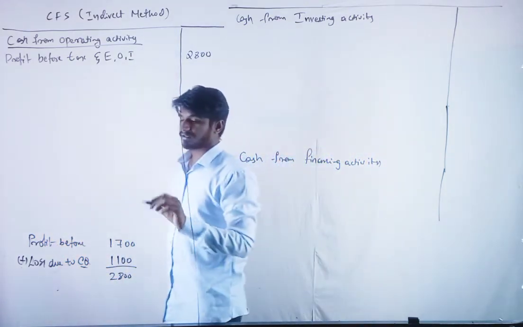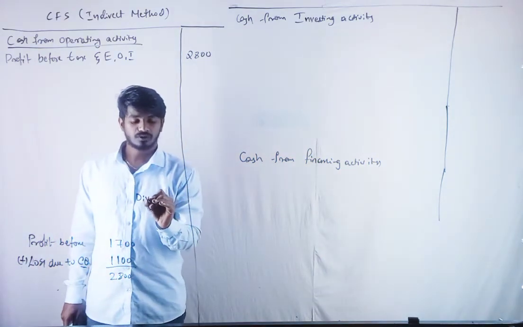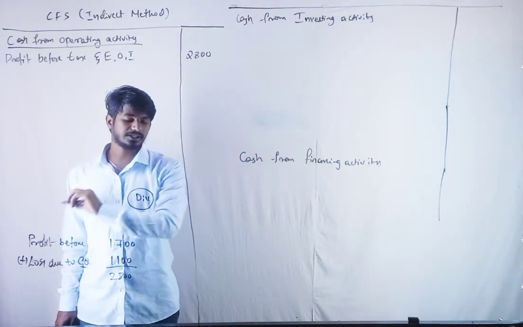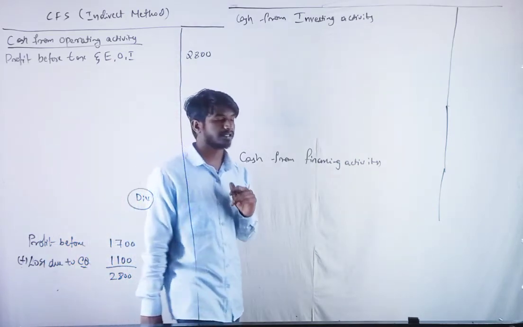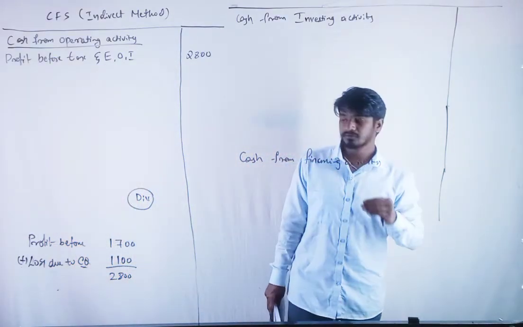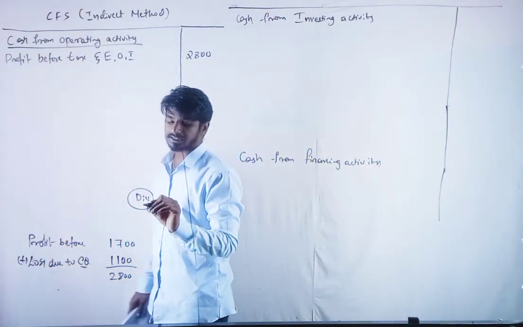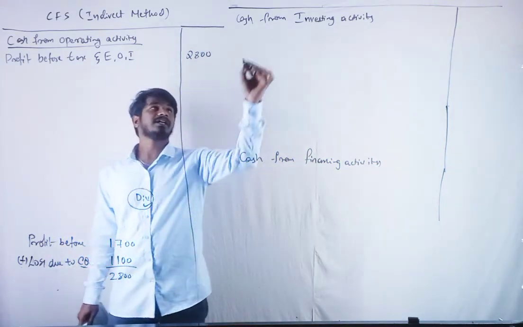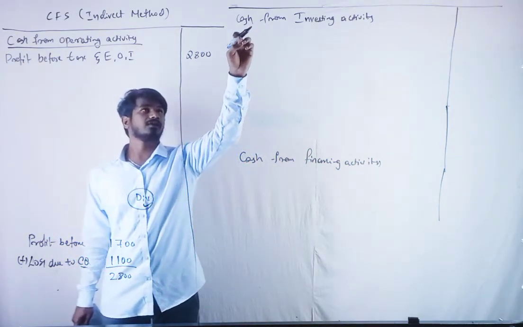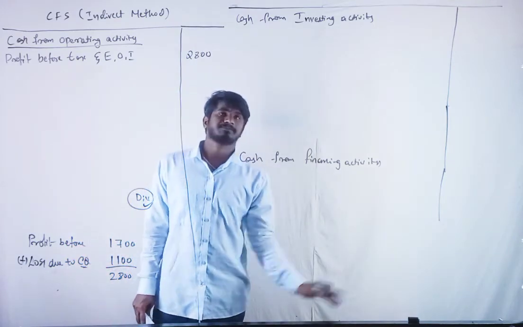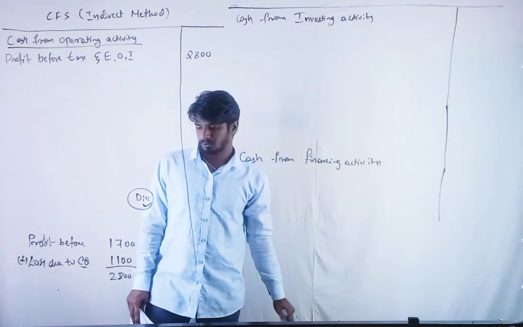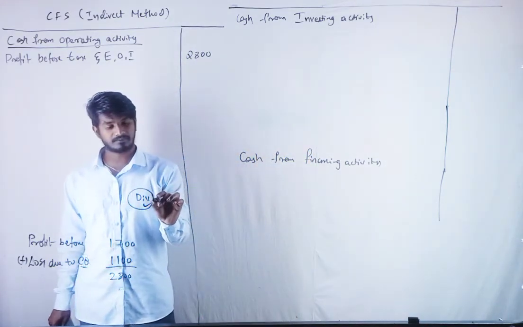Earlier in the starting I said, if we receive dividend, it will be investing activity and we will add to the profits, right? Here we will show. Okay sir, fine.